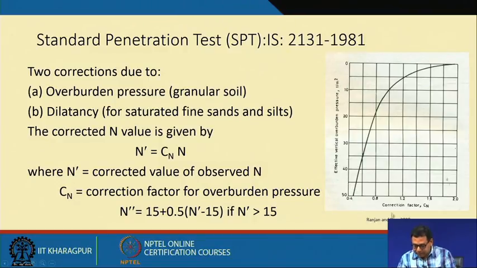You can see if the effective overburden pressure is 10 ton per meter square, your correction factor is exactly 1. That means the corrected N value and the measured N value are both the same, but if your stress is less than 10 ton per meter square, that means for the shallow depth.